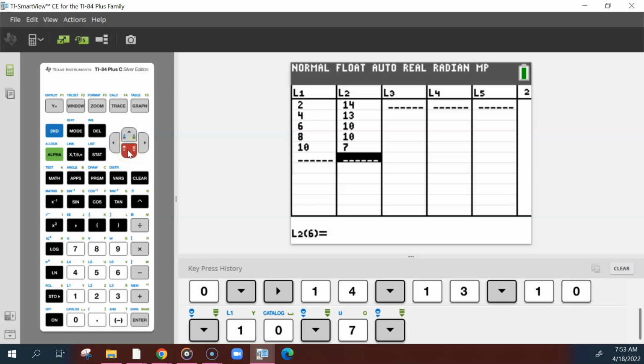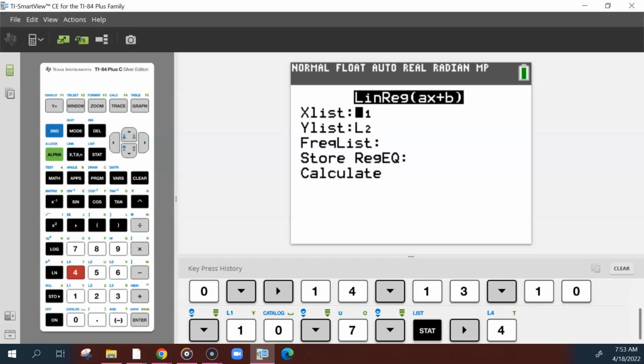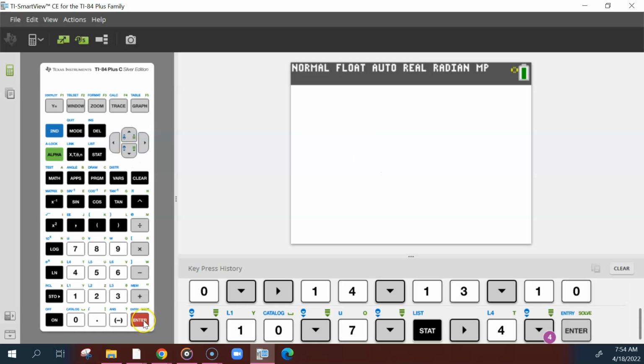Then go back into stat, scroll over to calculate, find your linear regression, and that would give you your slope and y-intercept.